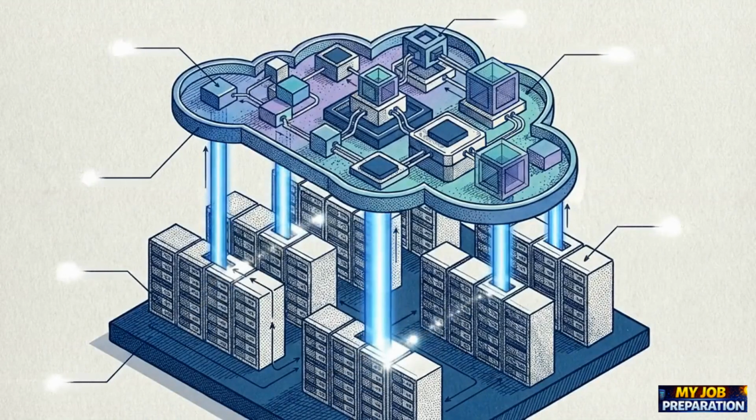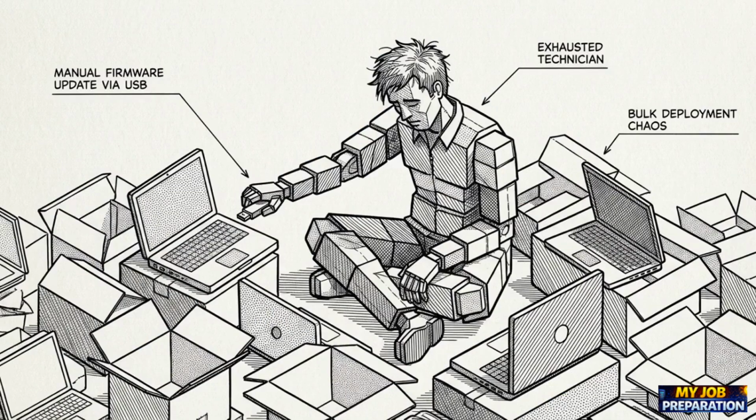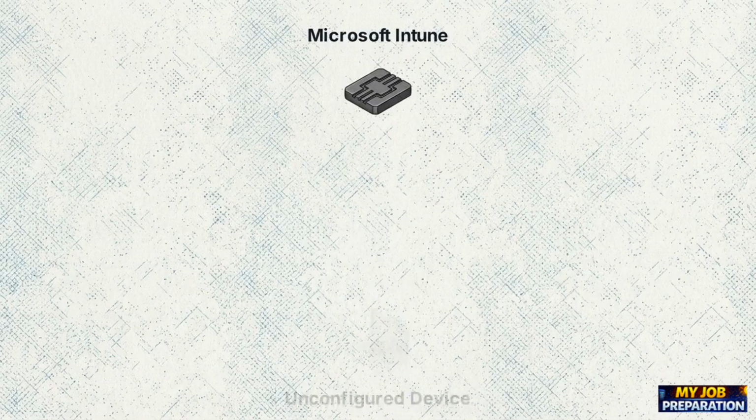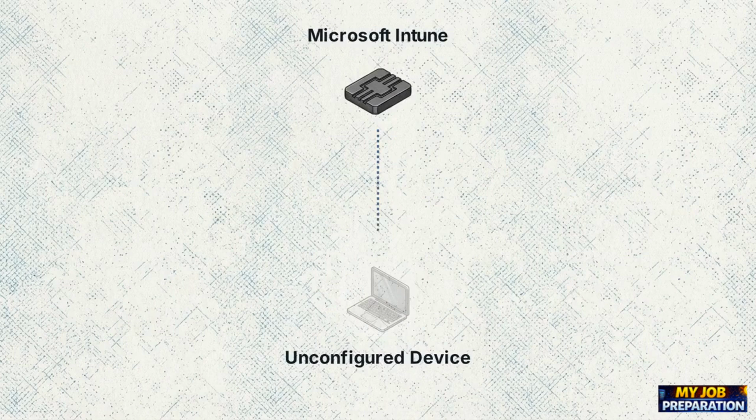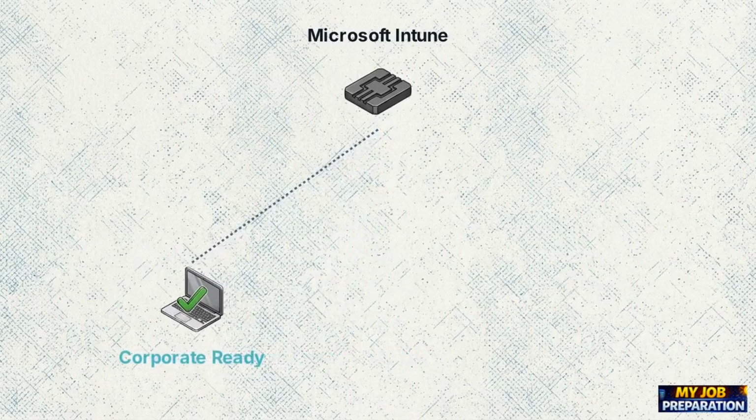Historically, imaging new corporate hardware was a manual bottleneck that required IT to physically handle every device. Windows Autopilot is the cloud-native solution that automates this entire pre-configuration process. Autopilot automates Entra ID joining and Intune enrollment, customizing the out-of-box experience so devices are ready the moment an employee turns them on.